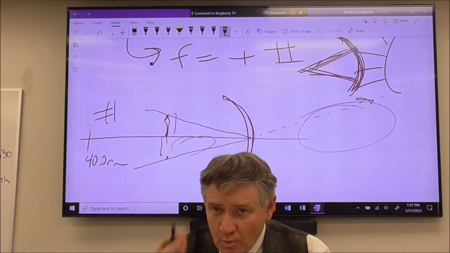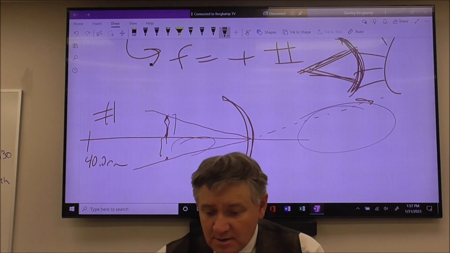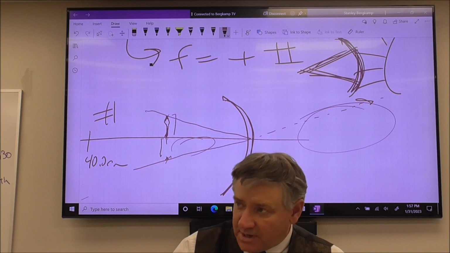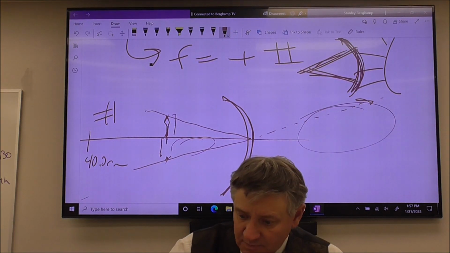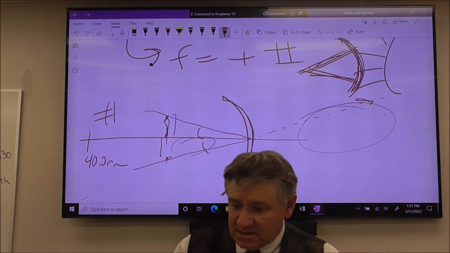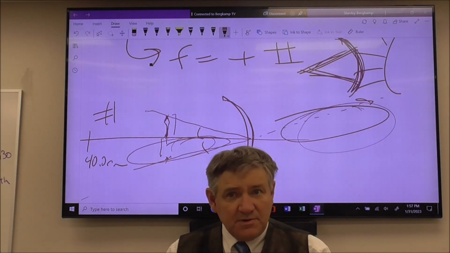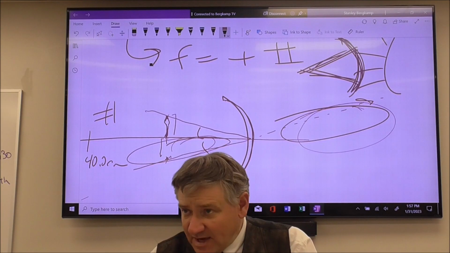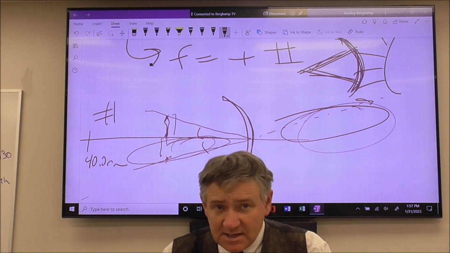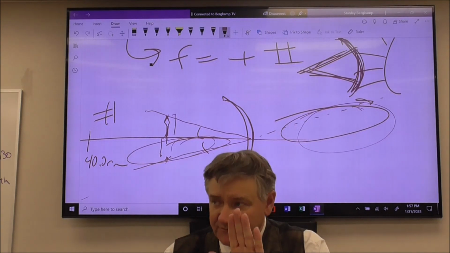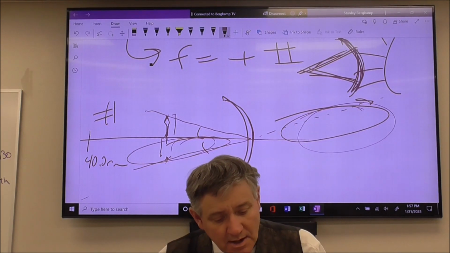You figure out where that object is, you flip that over, you draw a symmetrical line. So this angle here is the same as this angle here, which means it's going to be here or it's going to be there. And that works whether it's a convex lens, concave mirror, or convex mirror, it doesn't make any difference. It's the first step that you do.